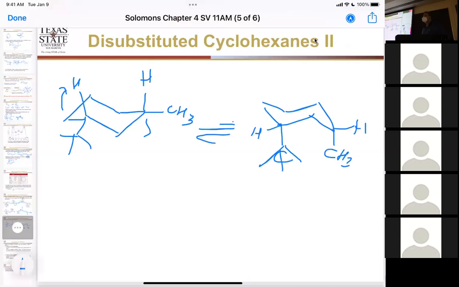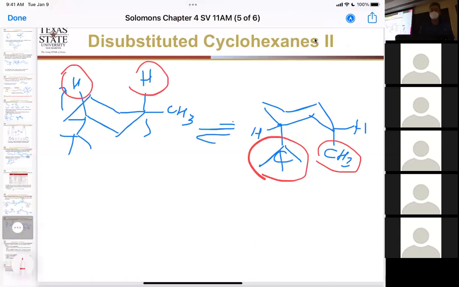Okay. So what's the likelihood it's going to be in this configuration? Very, very low. But what if the groups weren't? So we have both of them turning into axial positions. Okay, those were the axials on that side. These are the axials on this side.